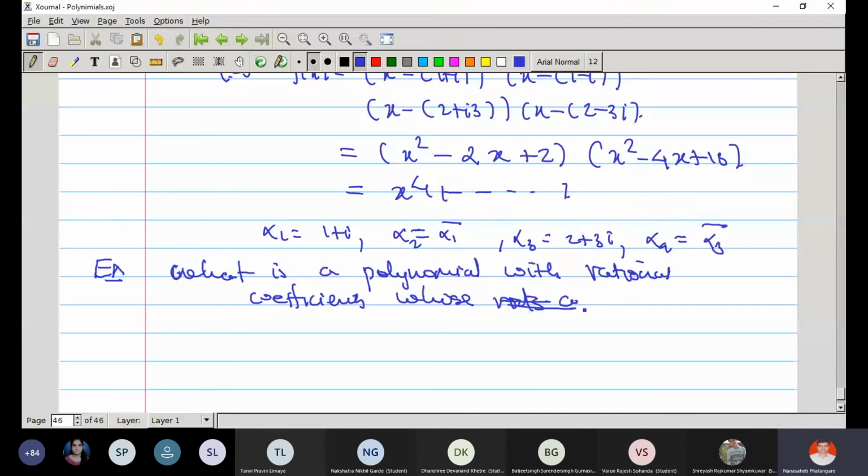So root 2 plus root 3 is not a rational number. Am I right? But what is a least degree polynomial with rational coefficients whose root is alpha, root 2 plus root 3? Question is clear?